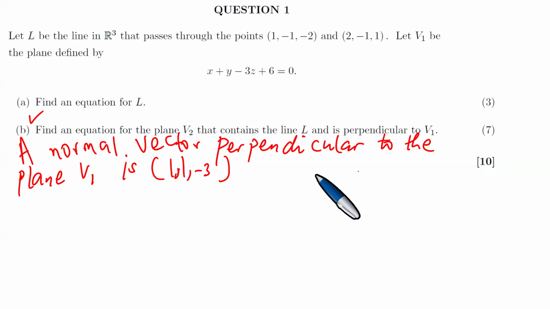So we're saying a normal vector perpendicular to the plane V1. We have V1 as a plane, whose equation is this. So the coefficients here are 1, 1, -3.